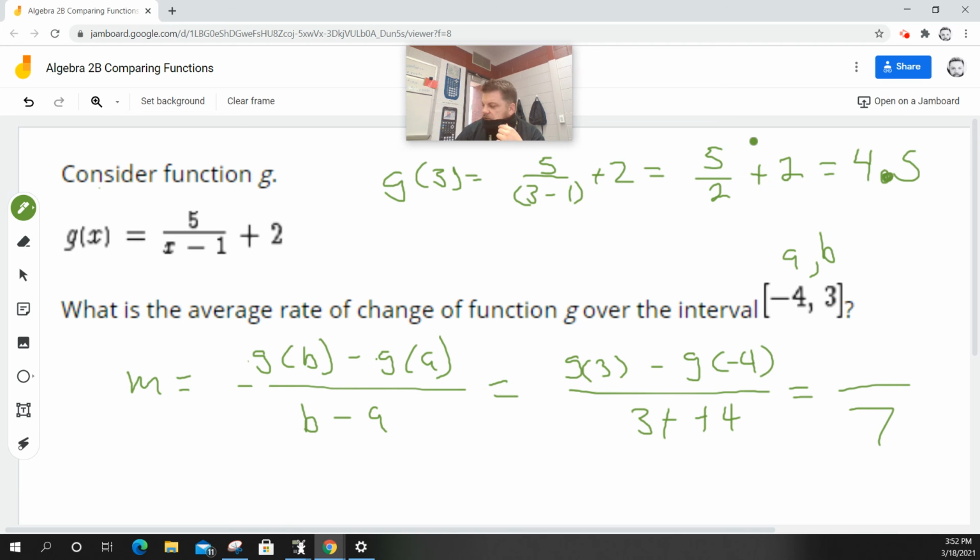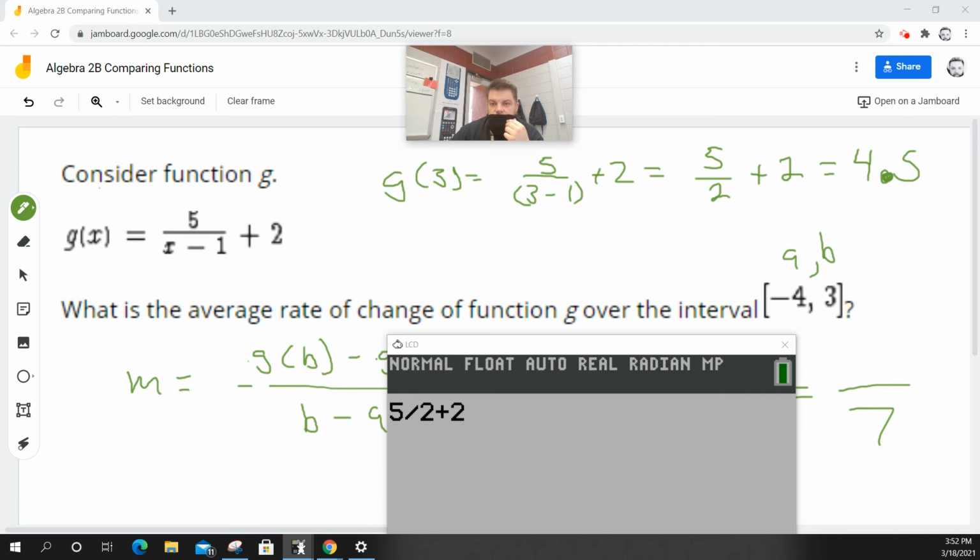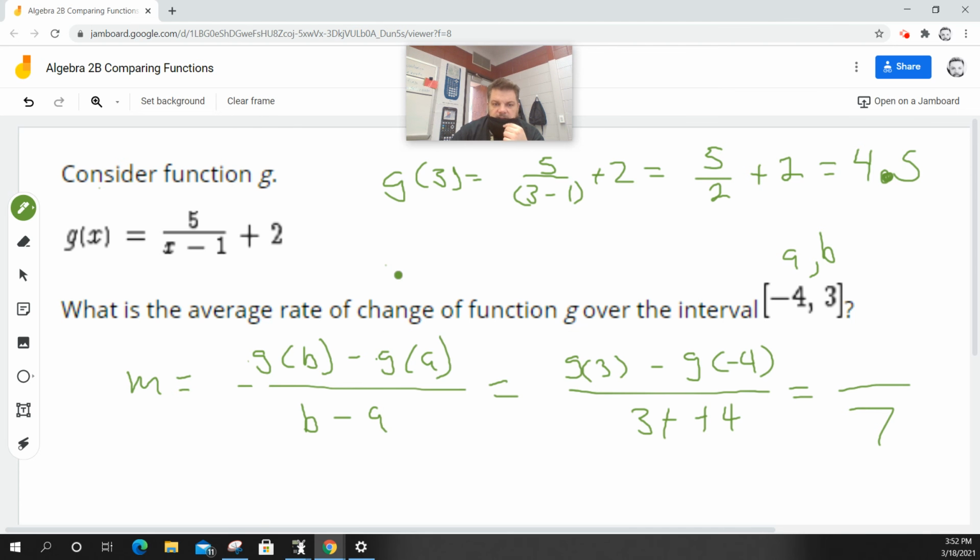Let's double check that real quick. 5 divided by 2 plus 2 is 4.5. Okay, good.